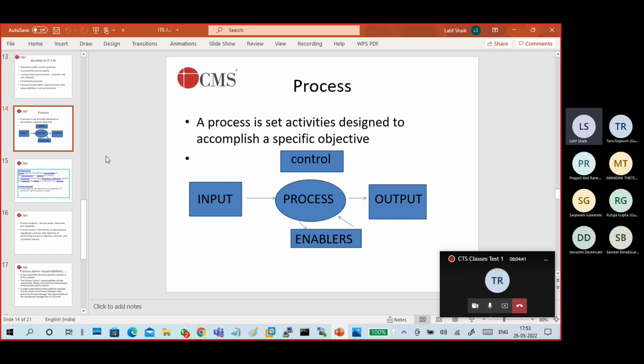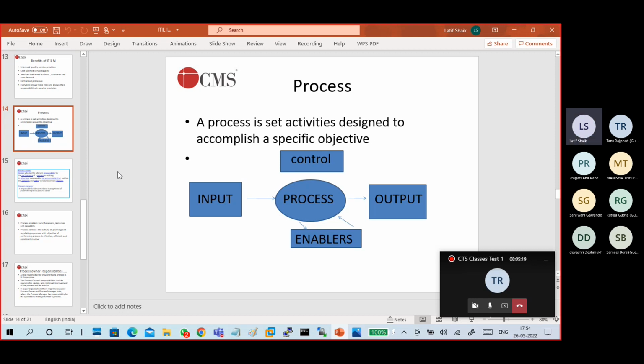Enablers will say, I need this, or this issue occurred, so we should improve these things. The process manager will control things, take the inputs, process them, consider the enablers, and we get the outcomes. You also have to check the outcome, and based on that we give certain feedback. If you don't understand the last point, it's okay, no problem.